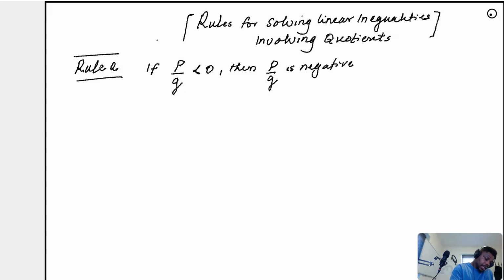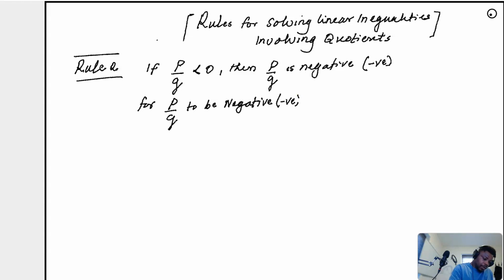Less than 0, that is negative. So for P divided by Q to be negative, you already know negative is this.